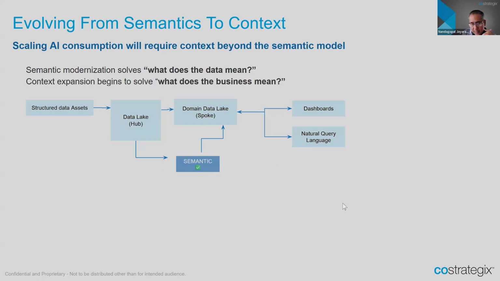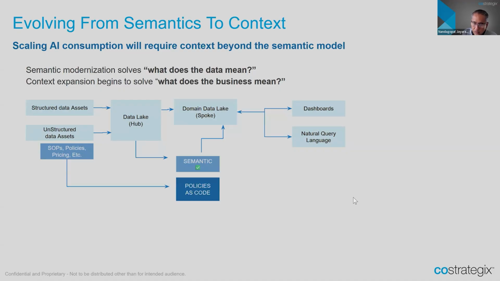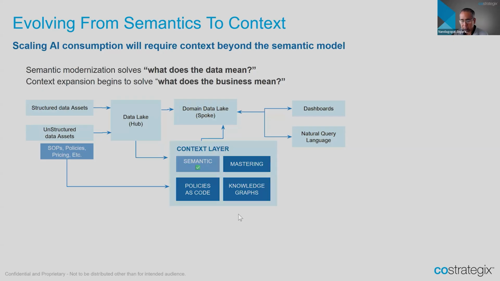So that's one path, right? But what I'm saying is there are unstructured data assets. Not every company has been actively pulling that together until now. With agents, you will probably need to, and that's the thesis statement. It's all of those documents, you bringing them in as policy as code, you mastering your knowledge graphs, and that essentially becomes a complete context layer that powers your existing assets.